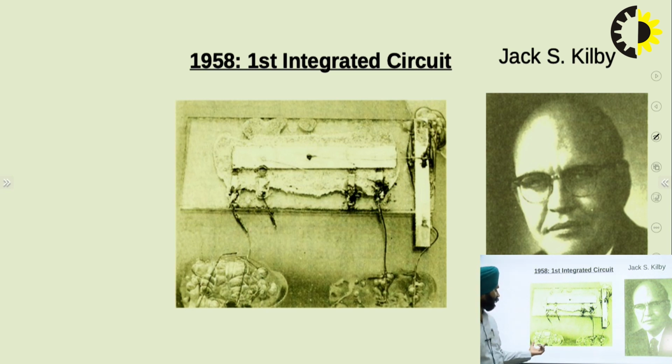The resistance and the capacitor R and C were on the same wafer. The RC circuit was the first circuit with first integration with the BJT, with the FET. This FET has three layers, which were then connected with the R and C on one wafer.